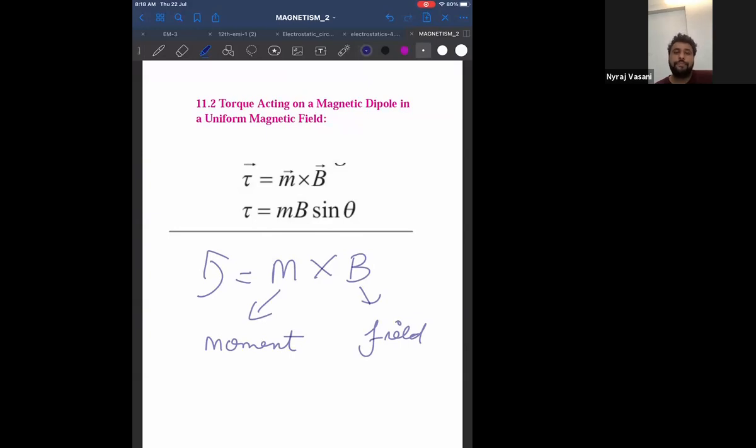Make a note. This is the formula for torque acting in a uniform magnetic field. So write down the side heading torque and write down the formula. Correct, Nisha? Very good. This is the formula for torque.